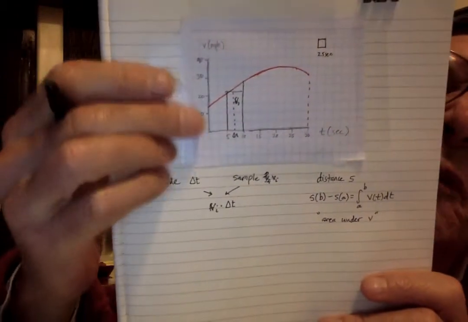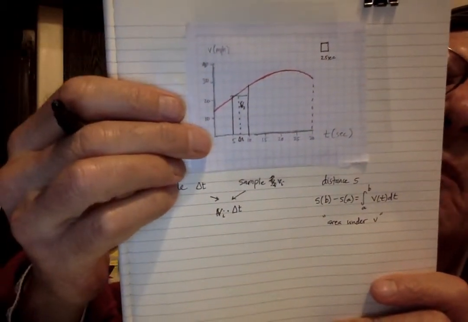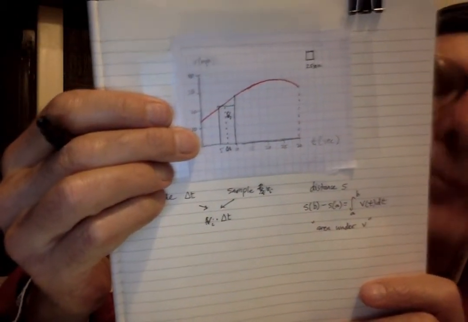And if you look at the vertical scale, that's 5 miles an hour. So the height of one of these squares is 5 miles per hour. And so you might be tempted to say, oh, 5 times 2.5, that's 12.5. So each square represents traveling 12.5 feet.